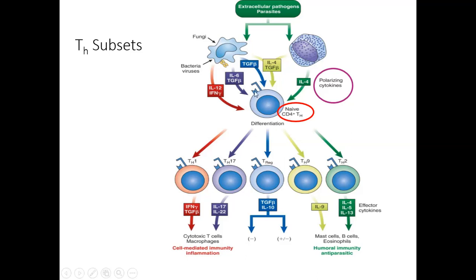They bind, the MHC complex brings it up, takes the peptide, and presents it to this naive T cell. At the same time, the antigen presenting cell knows what it's seeing. It knows the basic concept of what the pathogen is, and it's going to release one of several what we call polarizing cytokines.